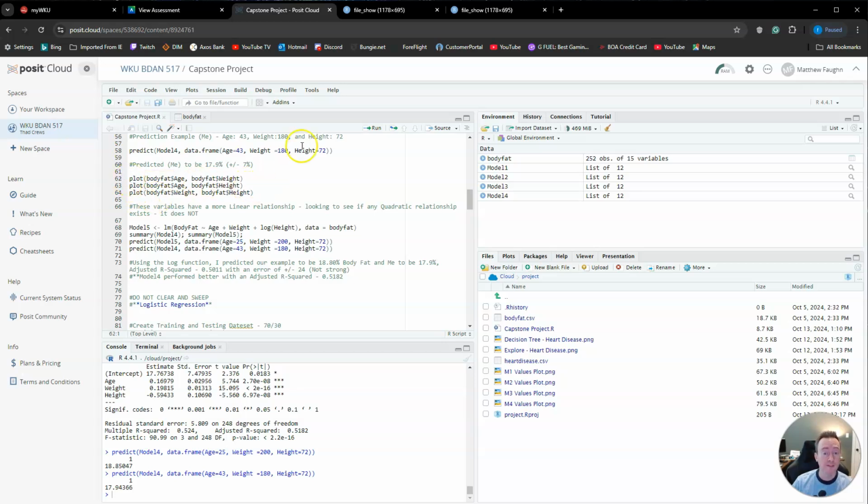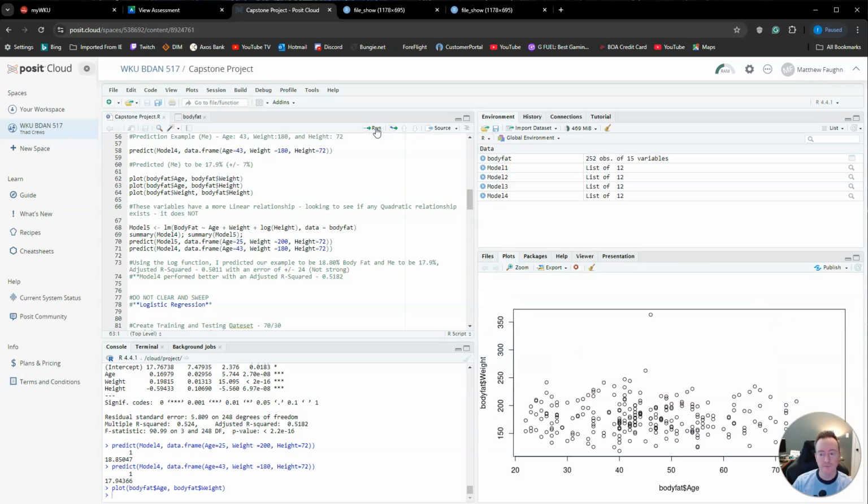So the next thing I did was plot the variables against each other to see what kind of linear relationships we have between them. The first one I plotted is age and weight. You can see from the graph itself, there is a relationship and it's a very weak negative relationship, just based on drawing a trend line through there mentally.